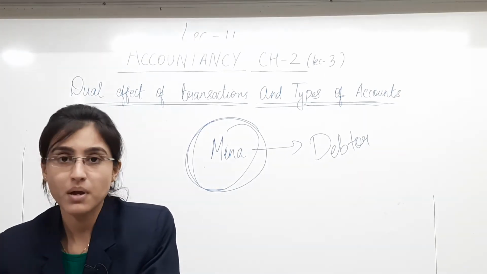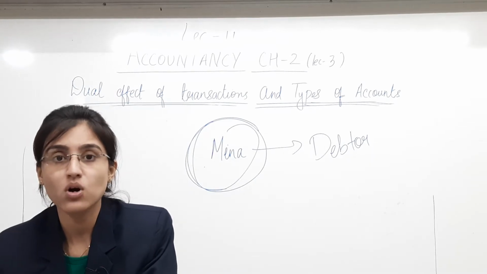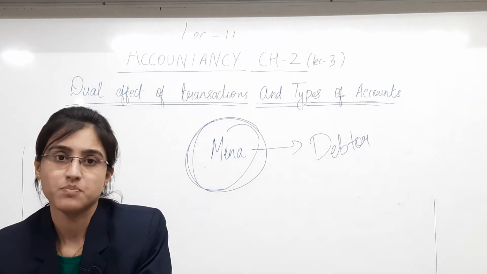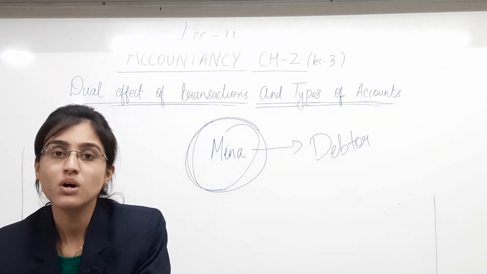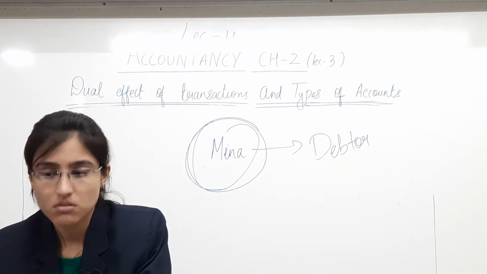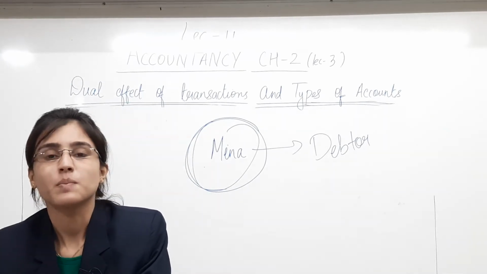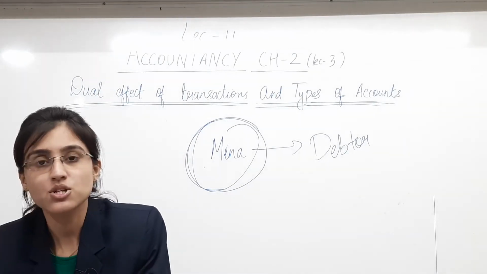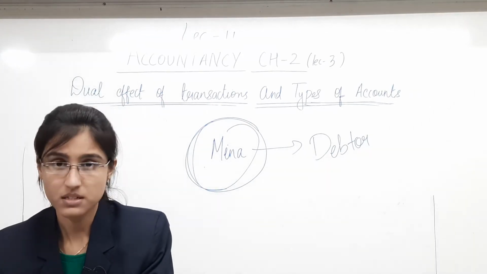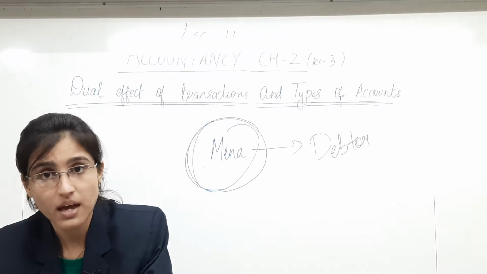The word payment means you have paid rupees 700 for a telephone bill. How? Via check. So, via bank, and bank is again a part of cash transaction. So this is a cash transaction again.